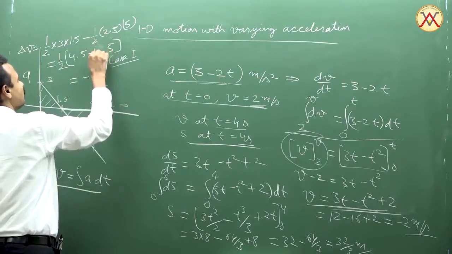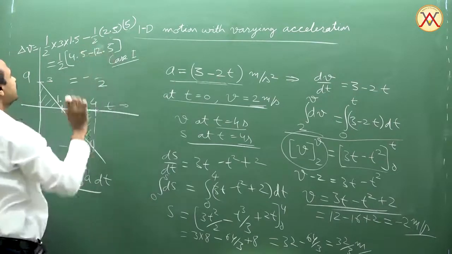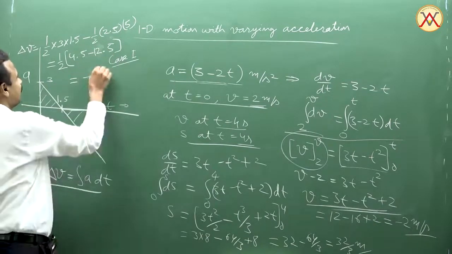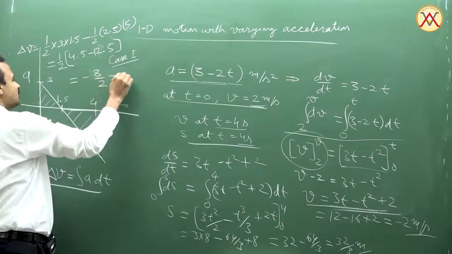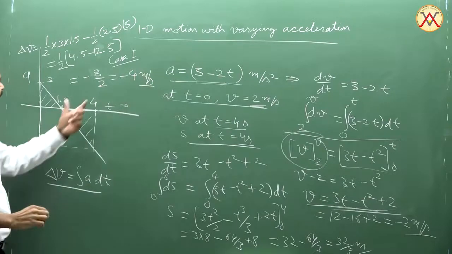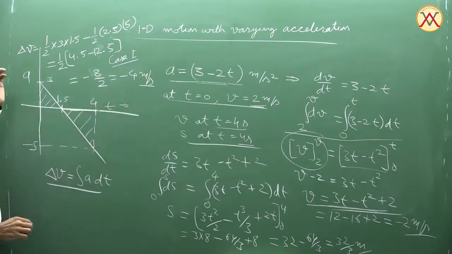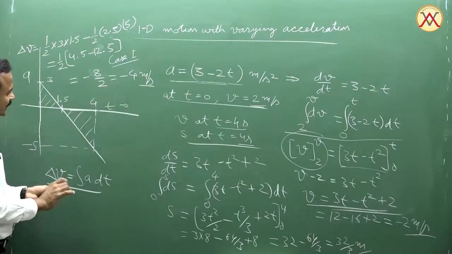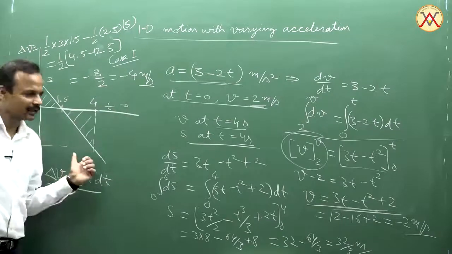So this is 12.5. So this is 8 by 2, negative 8 by 2. So this is minus 4 meter per second. That is the change in velocity during the first 4 seconds. We can find this using the graph here.